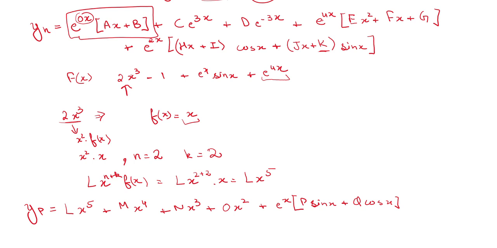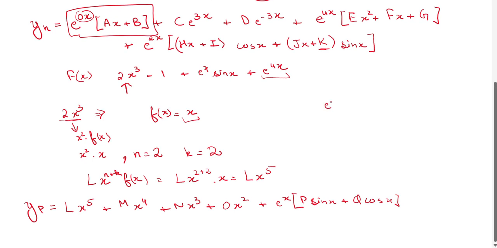And coming to e raised to the power 4x, that is included over here. So we need to see that e to the 4x can be written as x raised to the power 0 times e to the 4x. This is our f of x. So our n over here is 0 and k over here is 3, because the multiplicity of this particular root is 3.